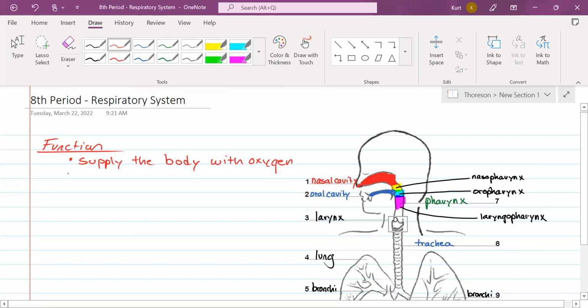What is the chemical formula for oxygen? I'm going to give you guys a mini chemistry lesson. I'm going to teach you why it's O2 and not just O, if you ever wondered that. And dispose of what gas does your body produce that it no longer needs? Carbon dioxide. And what is the chemical formula for carbon dioxide? CO2.